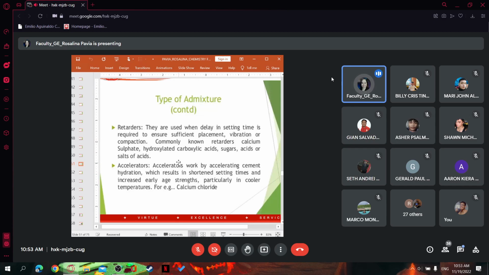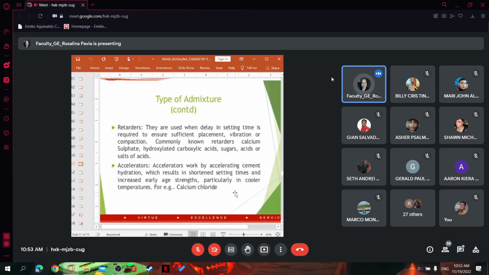Now, accelerators are the opposite of retarders. So accelerators, they work by accelerating cement hydration, which results in shortened setting times and increased early age strengths, particularly in cooler temperatures.